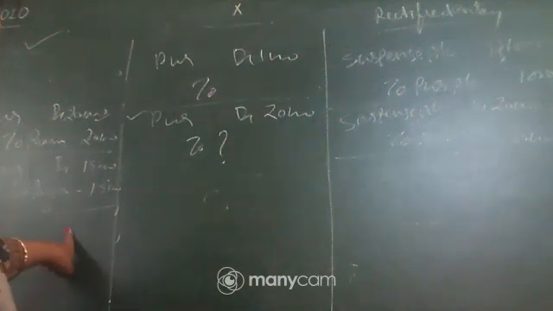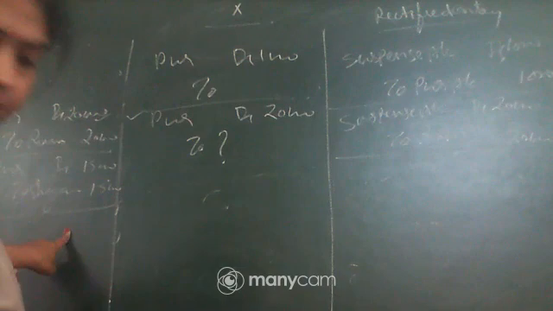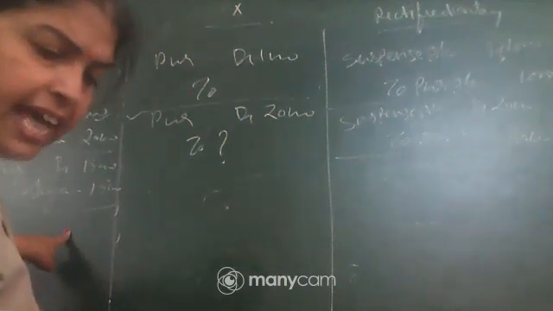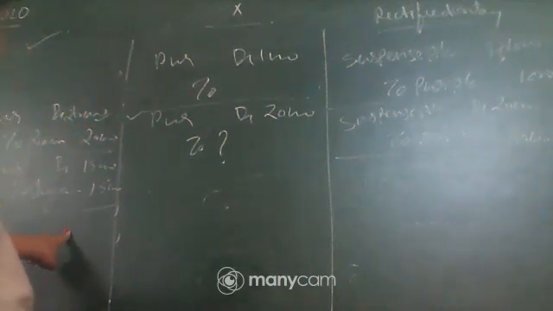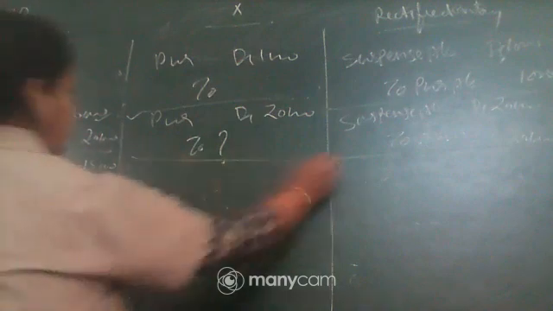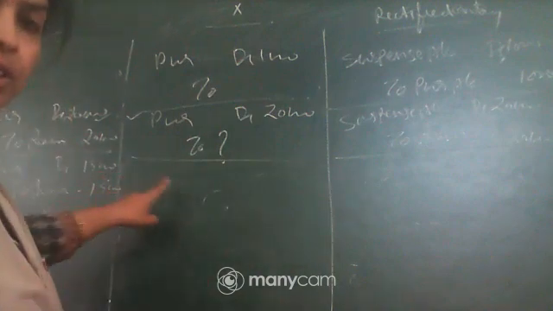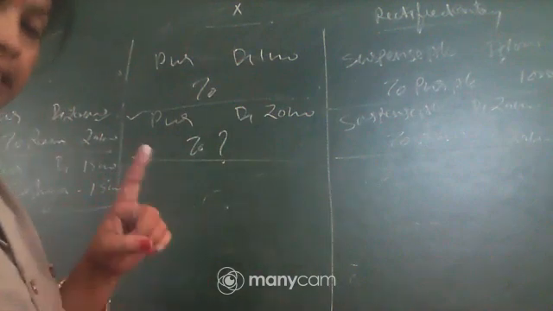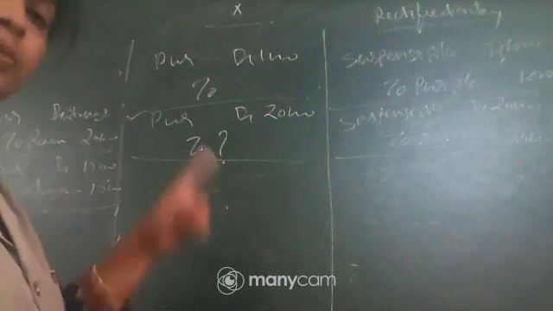Purchases debit to Shyam 15,000 rupees. This should be the right entry. And what wrong is done: it has been posted to debit of his account. See here, there is nothing wrong in purchases. It says that it was debited to his personal account.